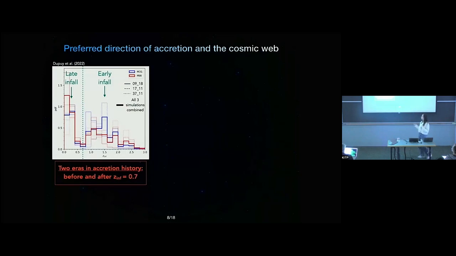First, we notice that both Milky Way and M31 distributions are overlapping, which is quite nice. And we also observe 2 peaks, one that we call late infall, after redshift of 0.7, and another one at early infall, before a redshift of 0.7.